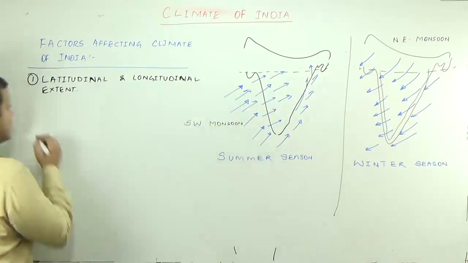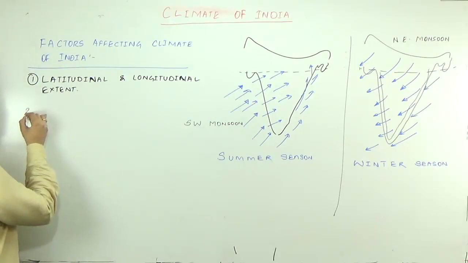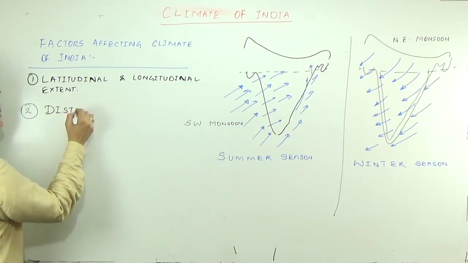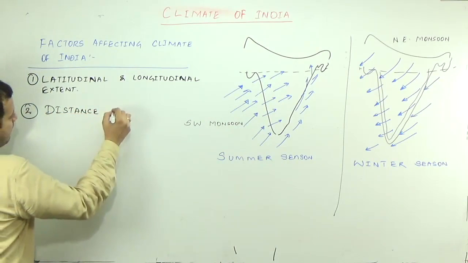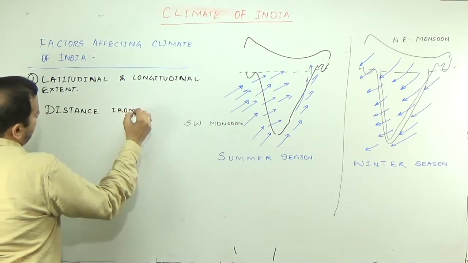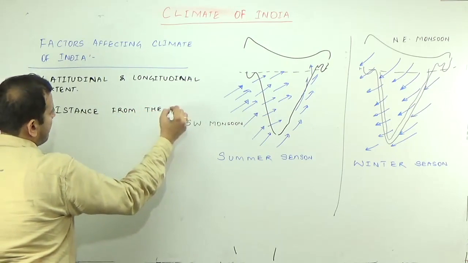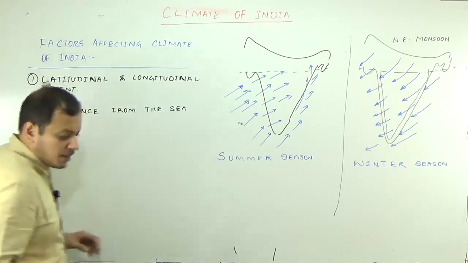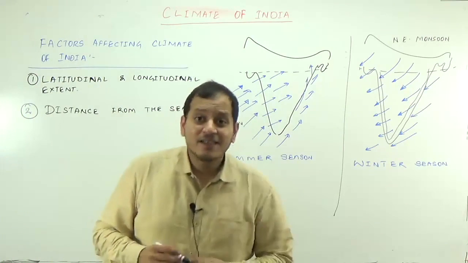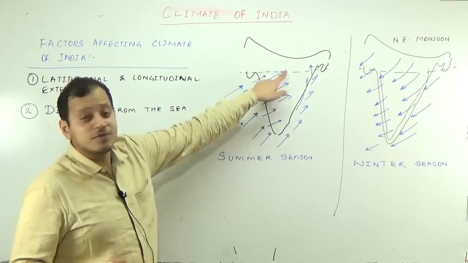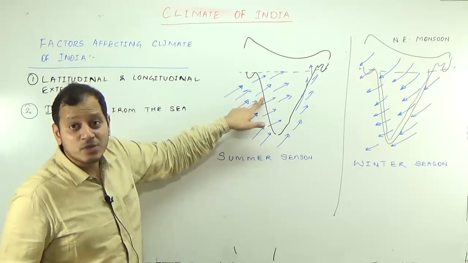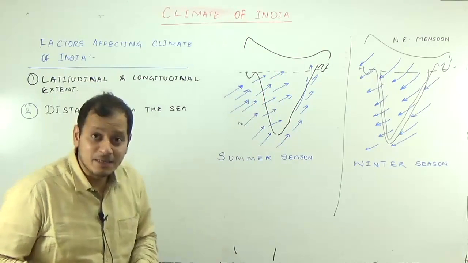The second factor which affects the climate of India is the distance from the sea. Now, the farther a place is from the sea, there will be extreme climate. Nearer a place is to the coastline, it will have an equable climate.